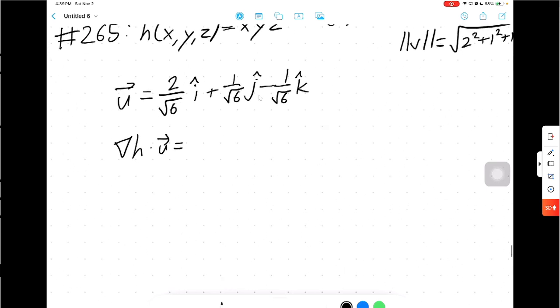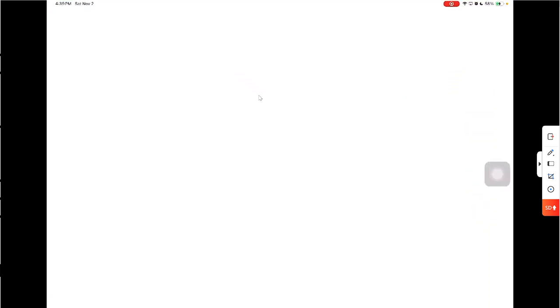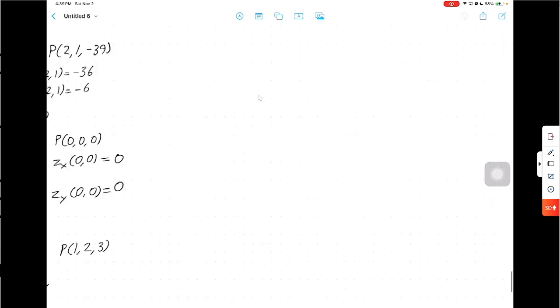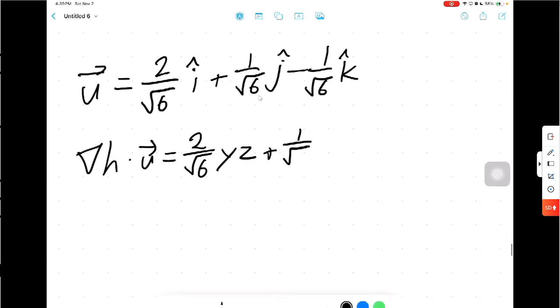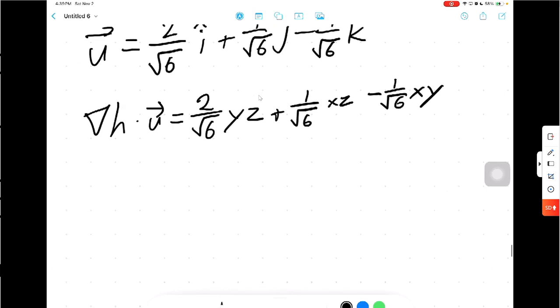The gradient dotted is going to be 2 over root 6 yz plus 1 over root 6 xz minus 1 over root 6 xy. Like so.